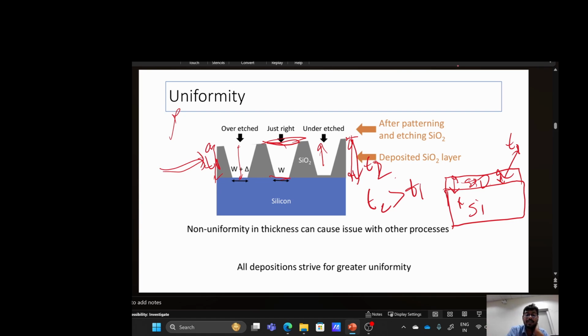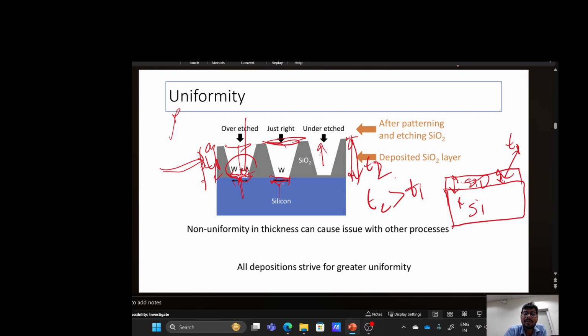Let's assume we wanted an opening of width W. If the thickness is lower, you will get W plus delta W because it will over etch. After etching the wafer will be exposed to the environment quickly, so it will etch through from the side as well.